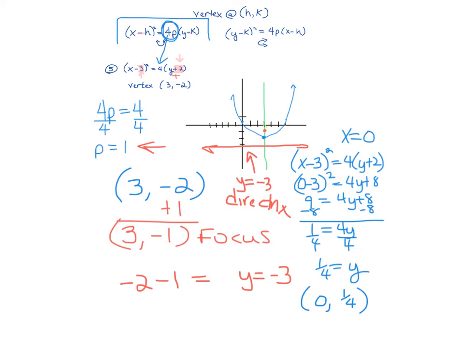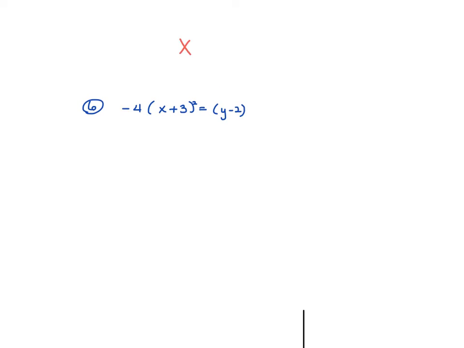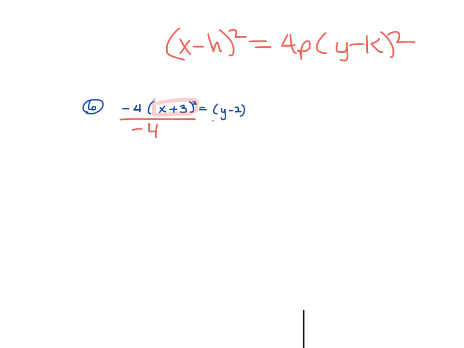Let's try number 6. 2 more examples. Again, let's pull the vertex out. Oh, but first we got to get it in the right form. So again, remember the form should be x minus h squared equals 4p times y minus k. I need to get this to be all by itself. So I need to divide both sides by -4. So x plus 3 squared equals, again, I'm going to write it so I have a 4p.